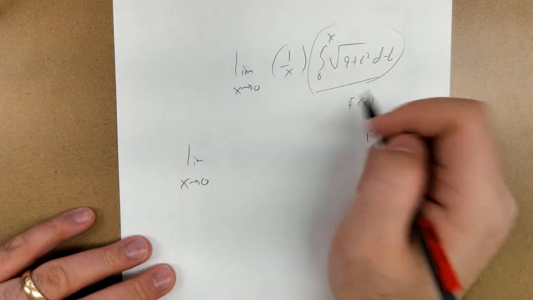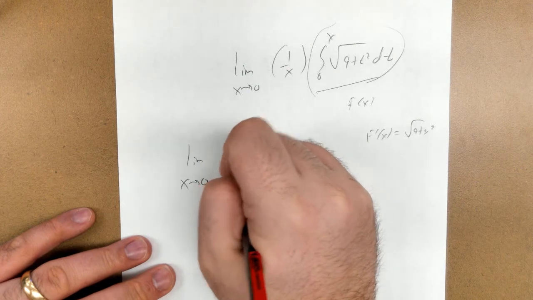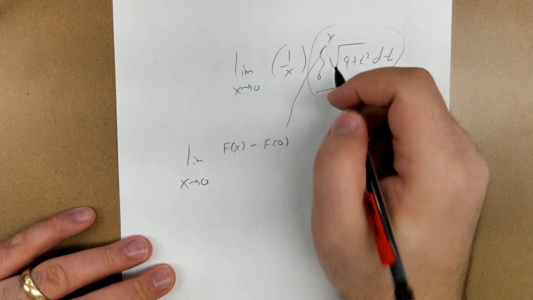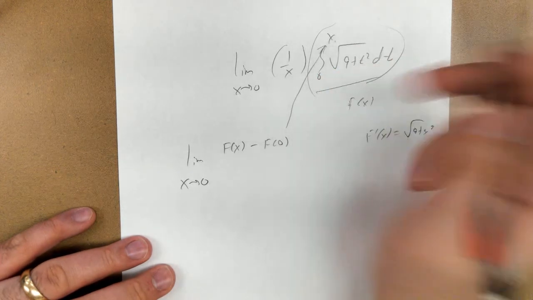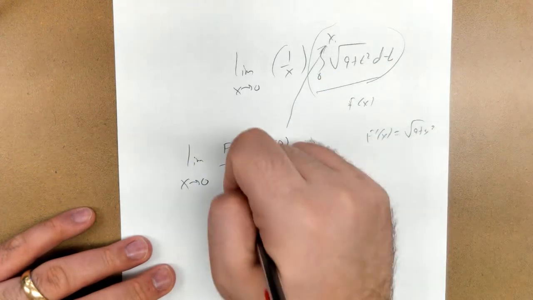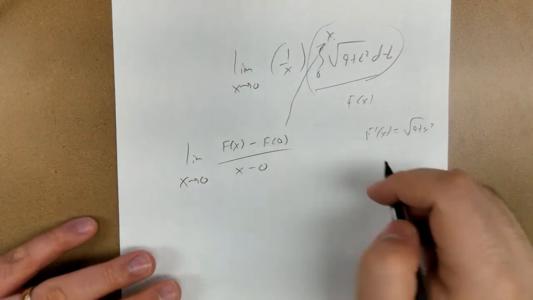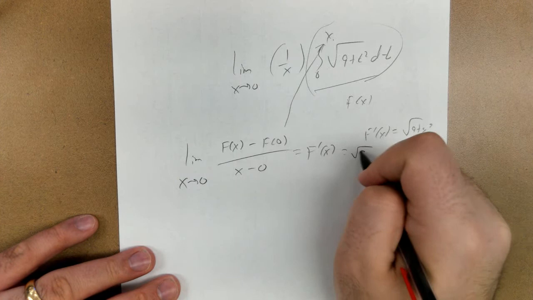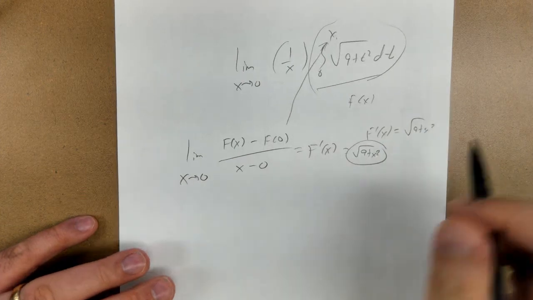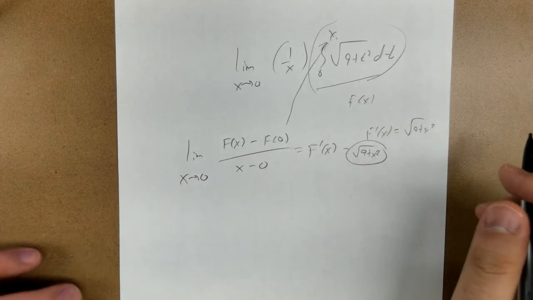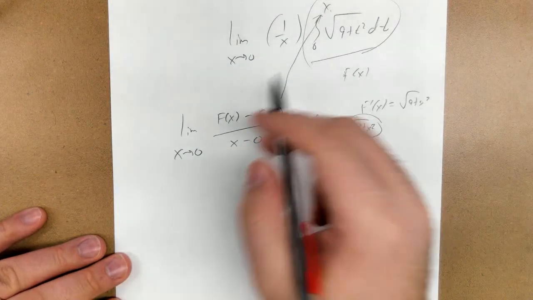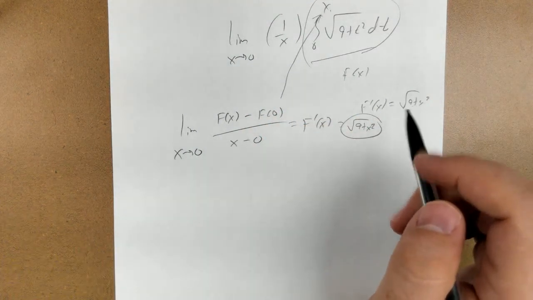Think of that top integral as f of x minus f of 0. Notice if you put in 0 for x, an integral from 0 to 0 would be nothing. It would go away. And then the bottom is x minus 0. Now you've got the derivative definition, and then you get this answer. So you just convert it into the definition of derivative. That's one answer.